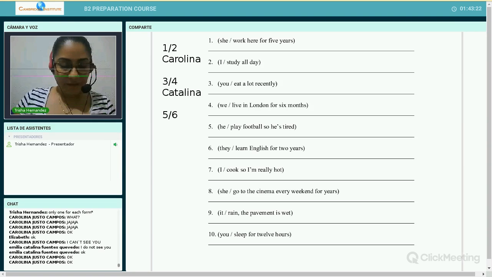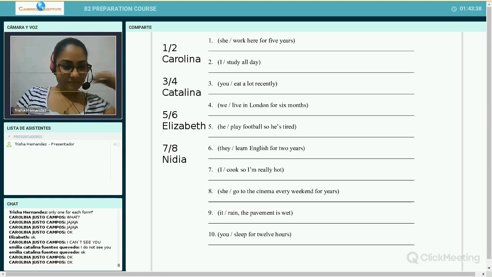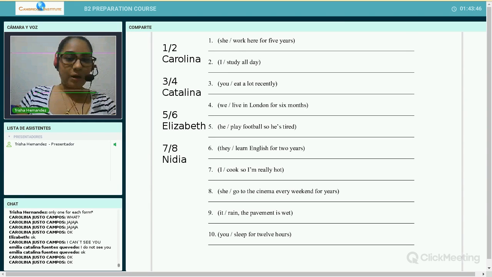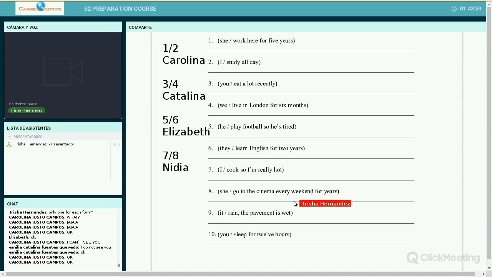Sentences 5 and 6 are for Elizabeth. And sentences 7 and 8 are for Nidia. Okay? Great. You may start. You see my camera? It's because of the low connection. I'm going to turn it off. You won't be able to see me, but you will be able to listen to me, okay? In hopes you don't get my voice cut off.